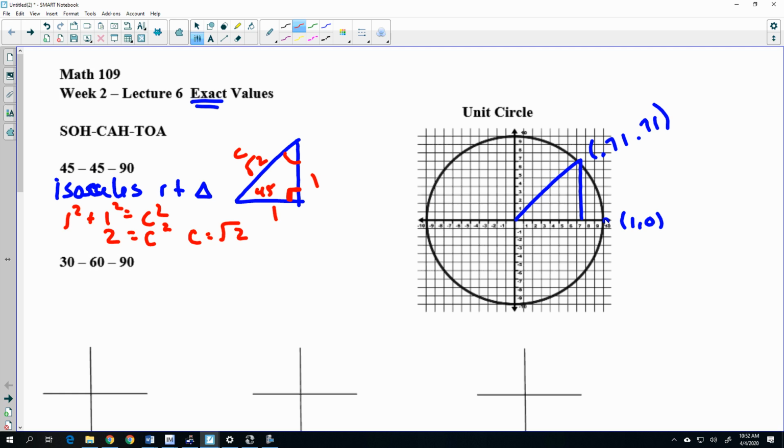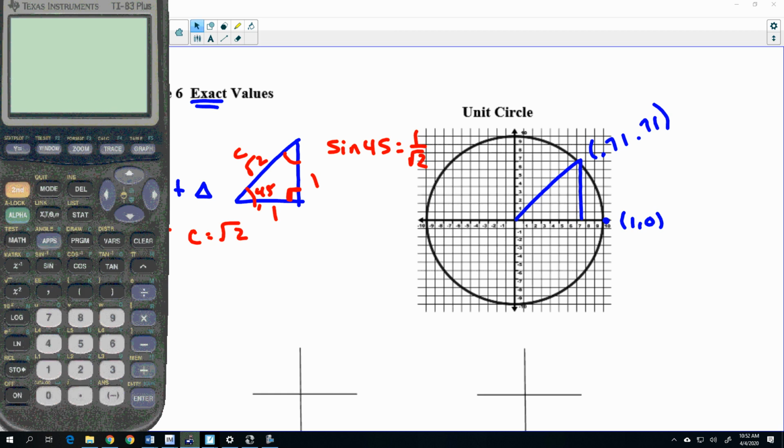So if I was now to find the sine of 45 using this idea of SOHCAHTOA, the side opposite is 1. The hypotenuse is the square root of 2. And if I use my calculator and plug in 1 over the square root of 2, we'll see if it isn't approximately that idea of 0.71.